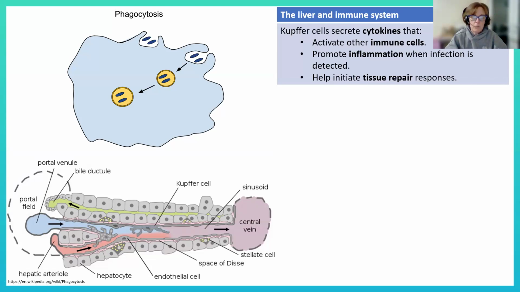When an infection is detected, they cause inflammation, which is like an activate signal to the immune system. And they also help to initiate tissue repair responses for damaged tissue. So that is quite an important immunological role. Cytokines are something that really trigger your immune response and how bad it is.